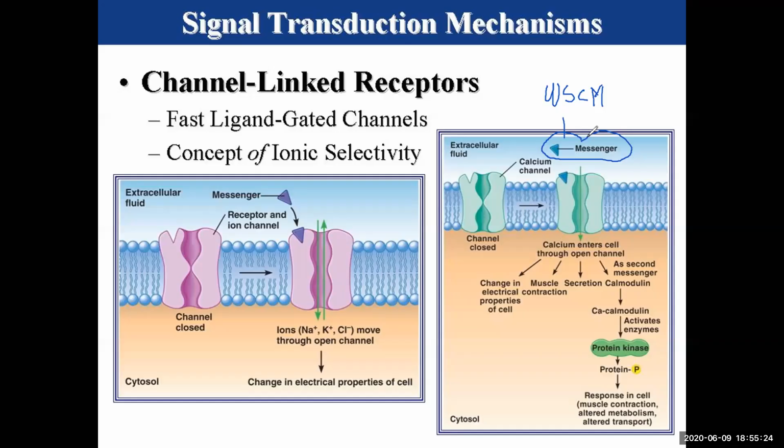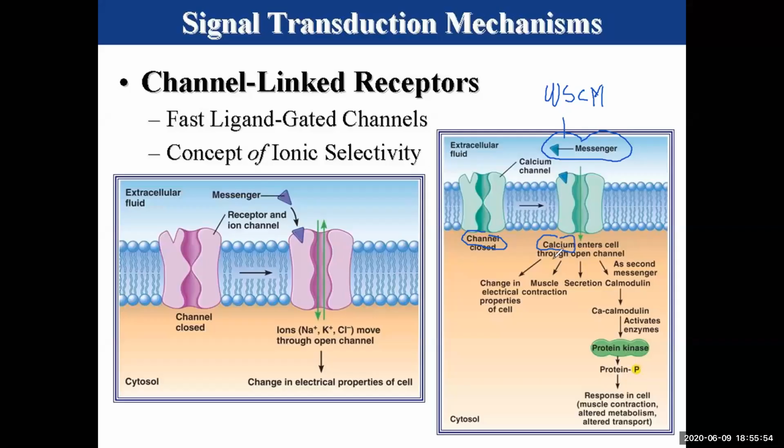Again, the water soluble chemical messenger cannot, I repeat, cannot get inside the cell. So they remain physically outside of the target cell. All they can do is bind to a receptor, and this receptor happens to be an ion channel. So when they bind, the channel opens, they flux. In this case, calcium gets in.